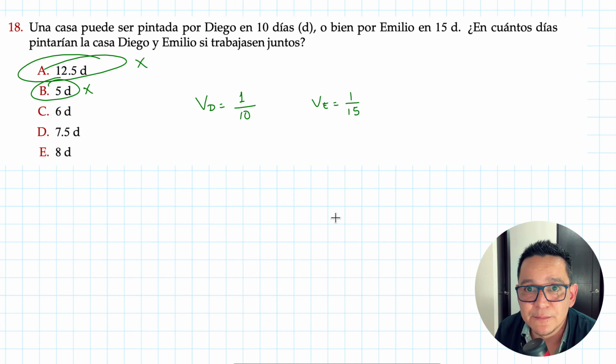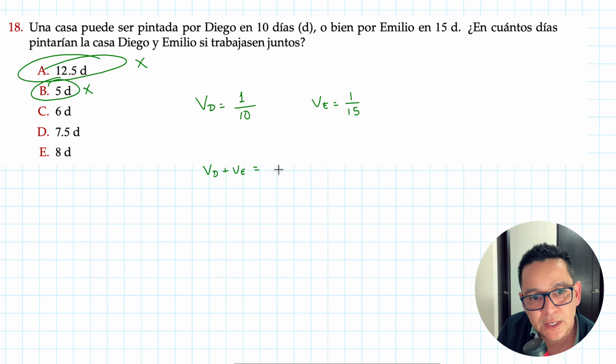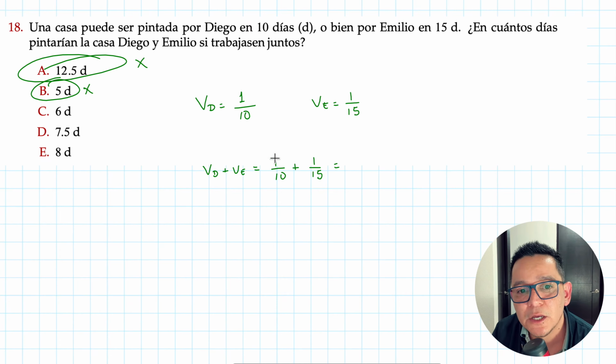Now what? What we would have to do is add their 2 speeds together, right? So let's do it. So we put Diego's speed plus Emilio's speed. So we have 1/10 plus 1/15. There it is, right? Let's add them up. I'll use the butterfly method. Or actually, the least common multiple, since that's easier. Yes, because 30 is easy.